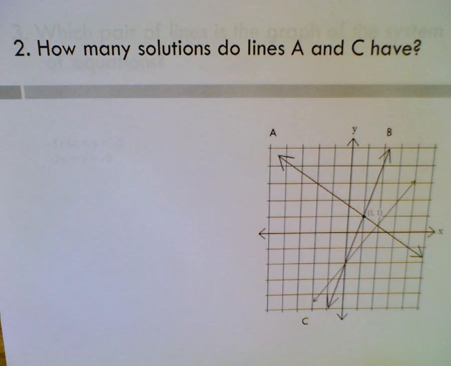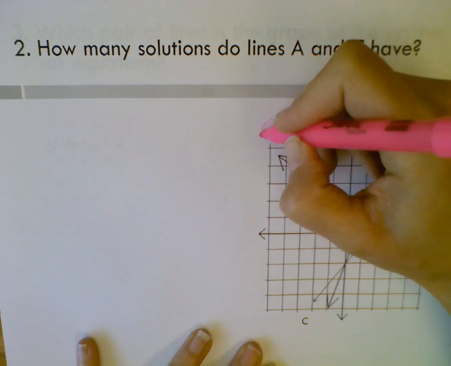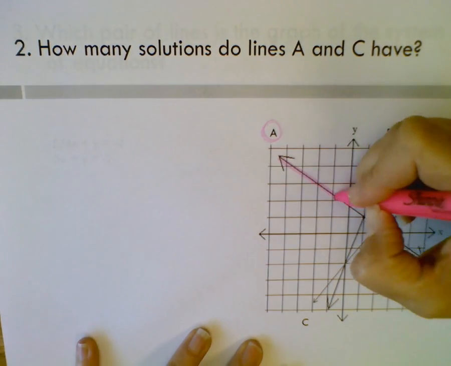Number 2. How many solutions do lines A and C have? So what it's saying is, how many points of intersection do lines A and C have? Remember, the solution has to be on both lines, which means that's going to be where they intersect. So line A is this line right here.